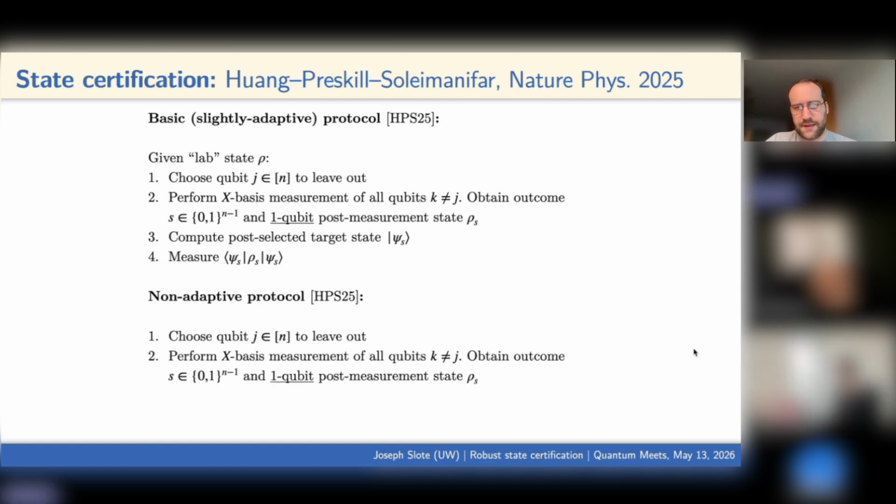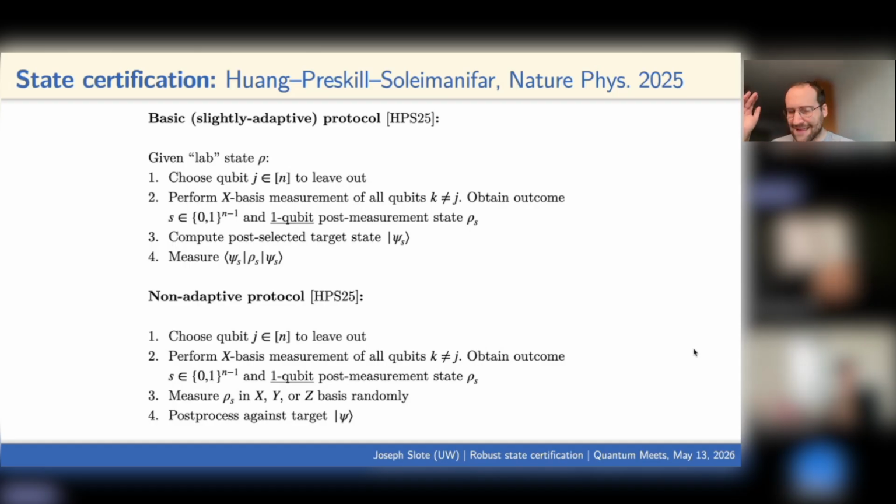This is exactly the same, but instead of measuring the last qubit in this special 1-qubit basis, you simply measure rho sub s in x, y, or z randomly, and then post-process. This is in the theme of classical shadows, or these Pauli-based measurements. XYZ is informationally complete for 1 qubit, et cetera, et cetera.